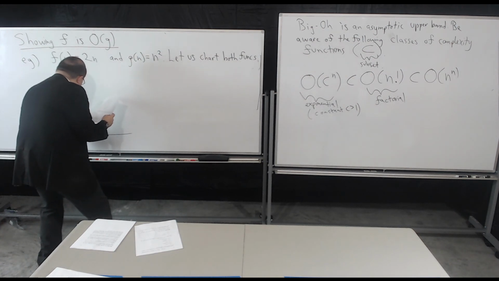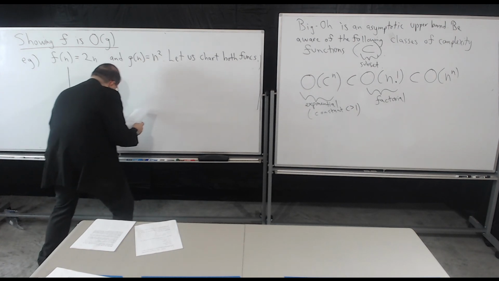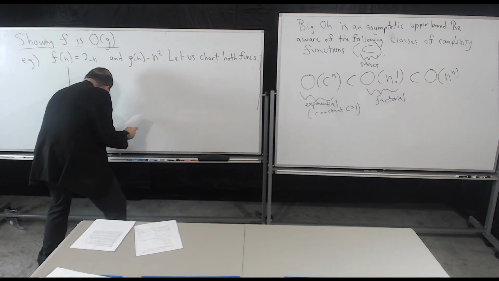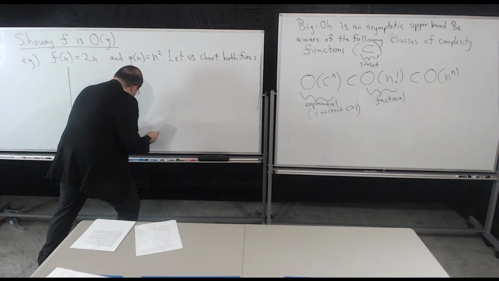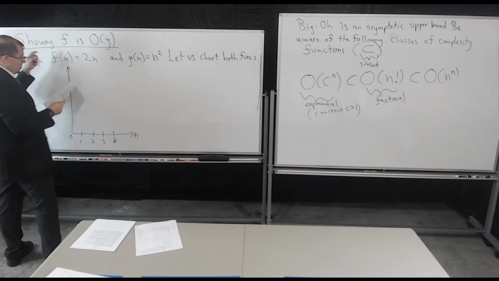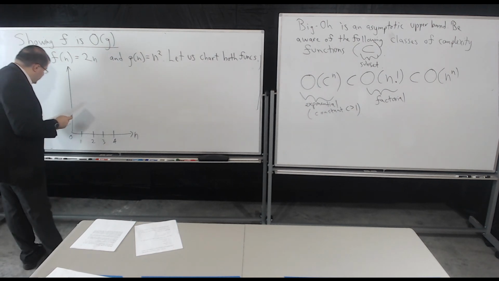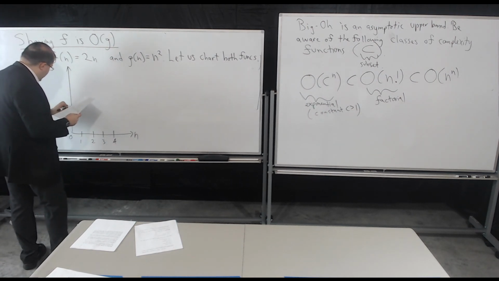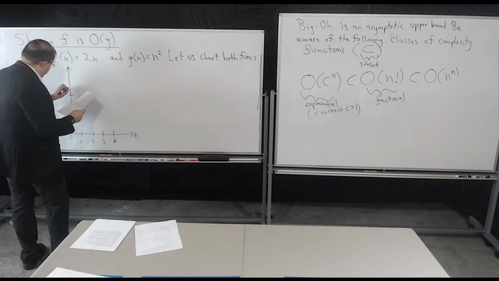So I'm going to have 0, 1, 2, 3, 4. So this side is going to be n. This upper part is just going to be our evaluated value, the value that we get out from our algorithm.